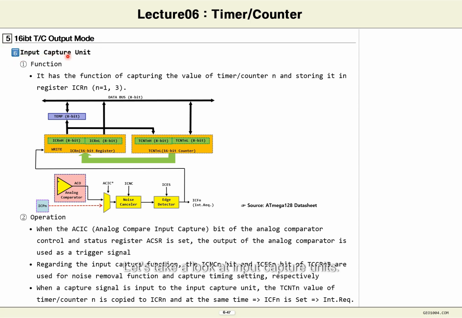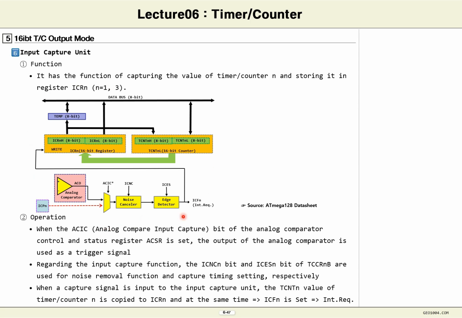Let's take a look at input capture units. We need to store the control values in the ICR input capture registers of timer counters 1 and 3. At this time, we can receive the value using the function of capturing the timer counter n.